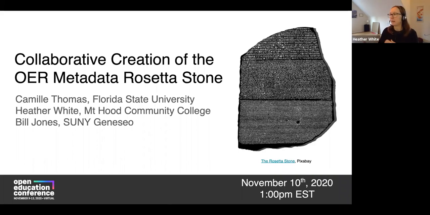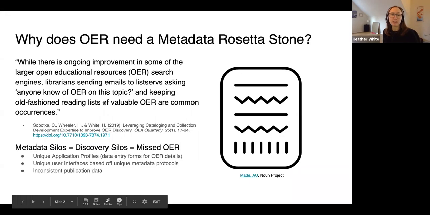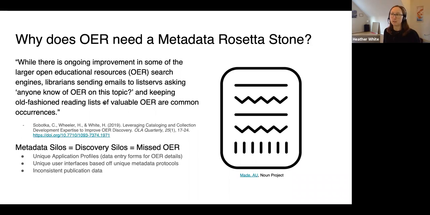It translated between 3 different languages: Egyptian hieroglyphics, Egyptian demotic script, and ancient Greek. This was the beginning of humans understanding ancient Egyptian hieroglyphics. Really big deal. We thought this would be a good metaphor for what we did with OER metadata.